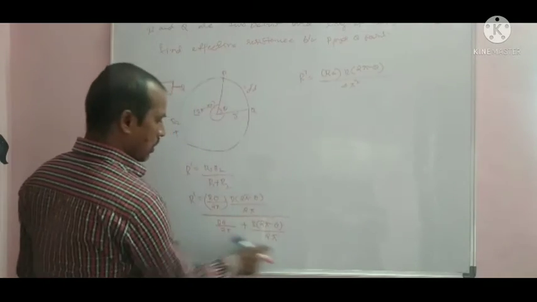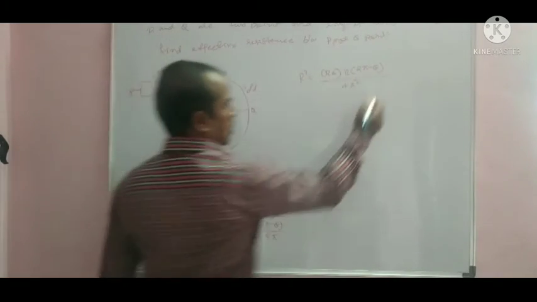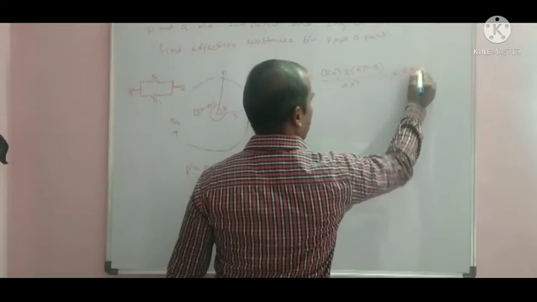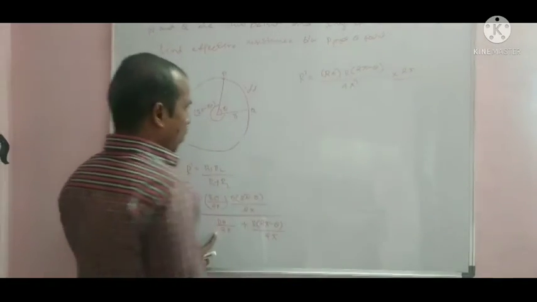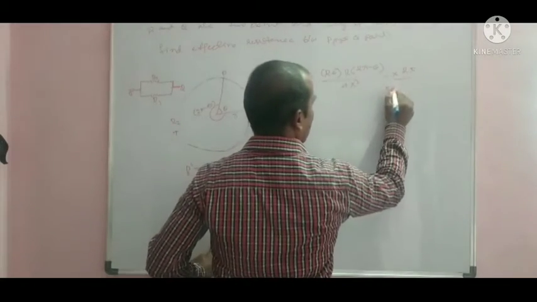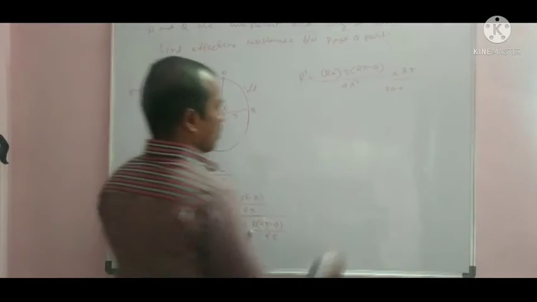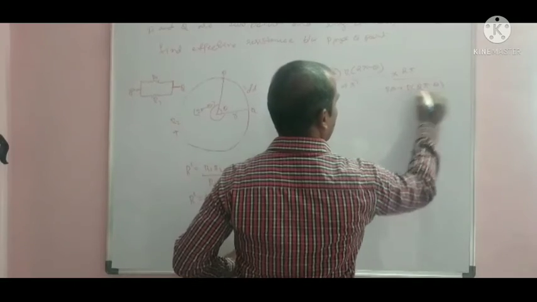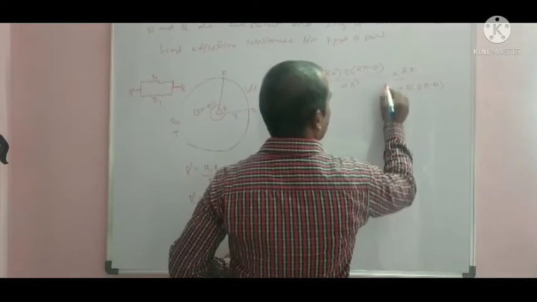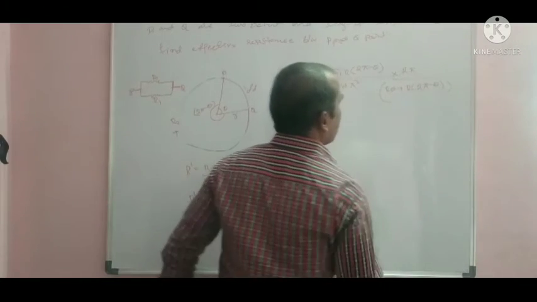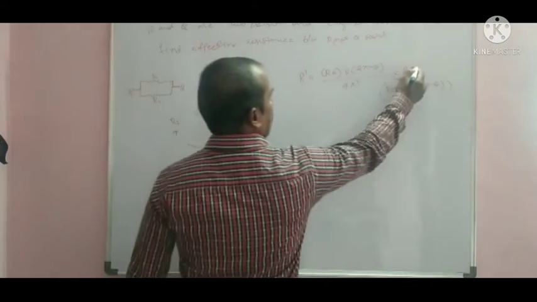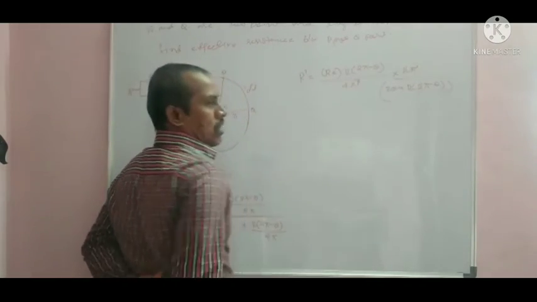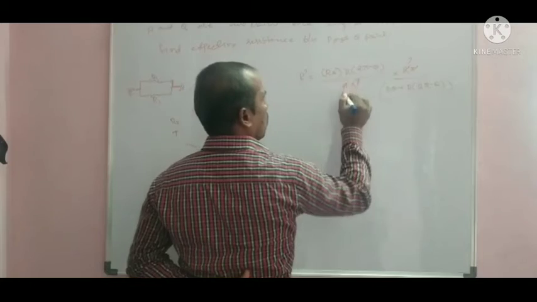Okay, the denominator relation is reversed into 2 pi by r theta plus r into 2 pi minus theta. So simplifying, the 2 pi terms cancel.